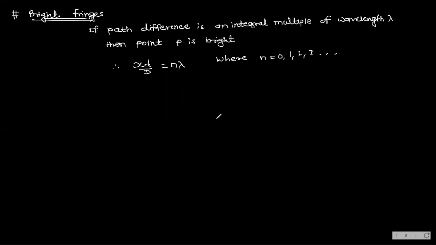Okay, and if I want x, x is equal to, you see, n lambda capital D divided by small d. Understood? From the diagram you can do this. And what does this formula give us? Bolo.